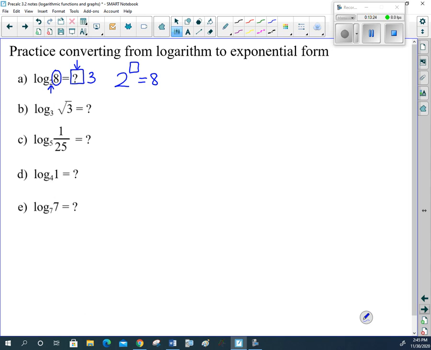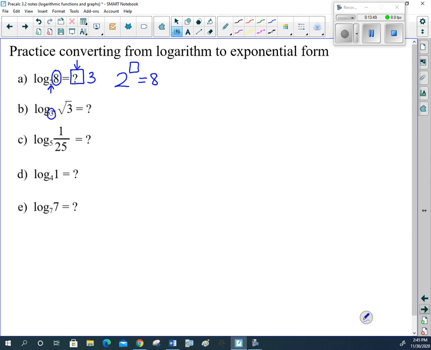Okay, let's try it again. So I'm going to rewrite it because I want to know what this equals, log base 3 of square root of 3, and I don't know what that is because I don't know what log base 3 of square root of 3 is. We will learn later on. We can do that on our calculator, but we could do this as an exponential. We could learn to rewrite it using a base and a power. So we always start with the base.